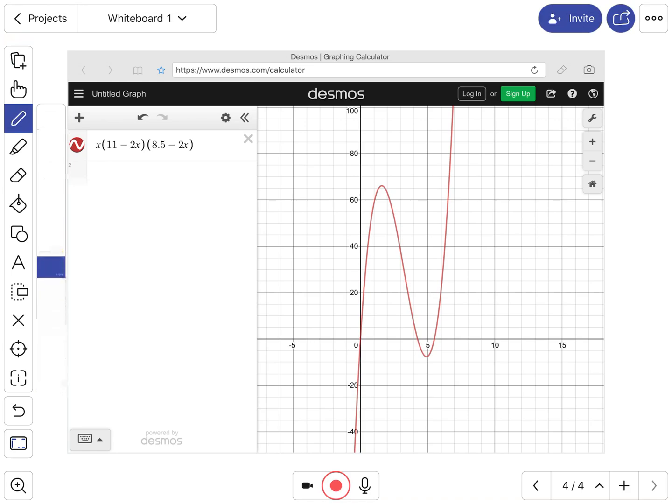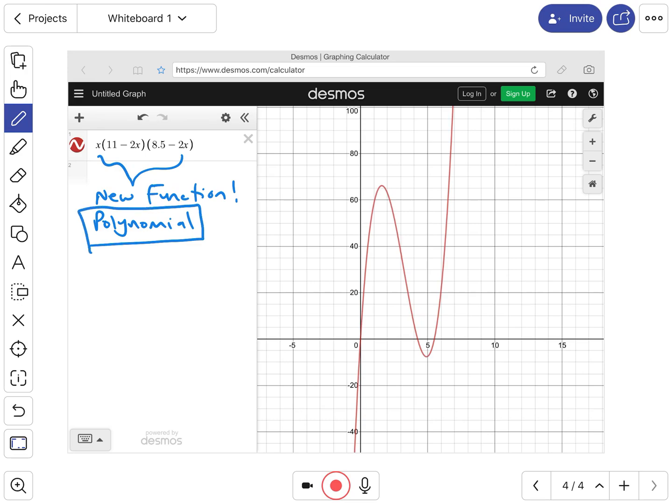So this is our new function, and if you want to put all this here in your notes, this is another good one. So there's a new function, and it is called a polynomial. That's what this is. And we are going to talk about a lot of the things that we've talked about with quadratics.